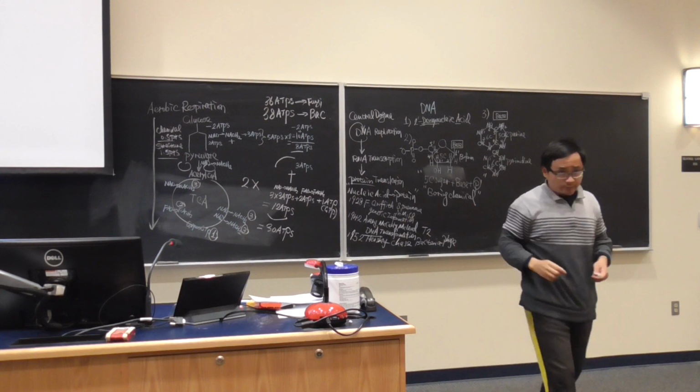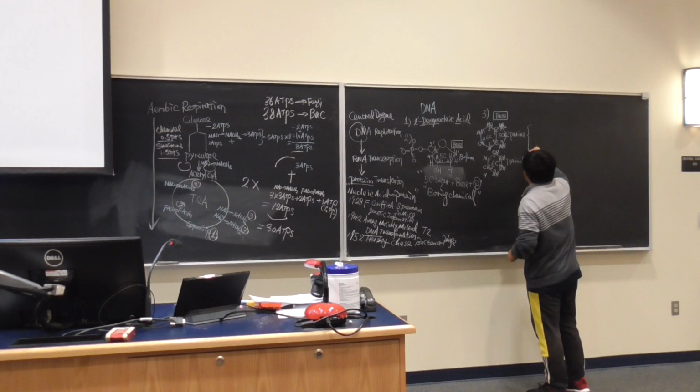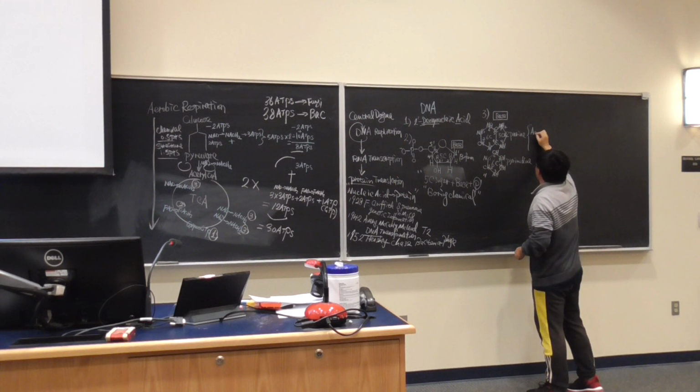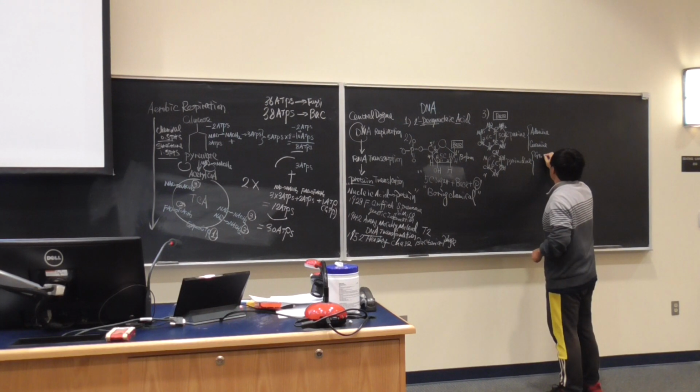Okay, what are the examples of purine? We have adenine and guanine. What are the examples of pyrimidine? Cytosine and thymine. And you know about these things already.